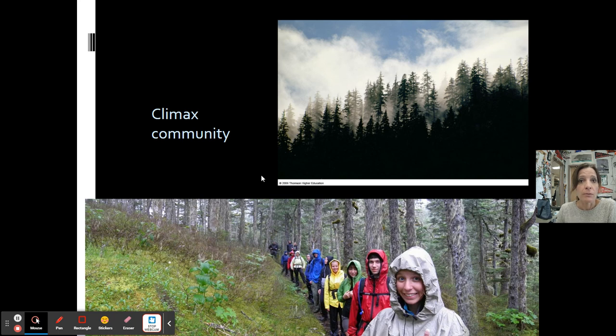However, if you go to the Midwest, their climax community is plains and grasses because of the different abiotic conditions. And then if you go to somewhere like Africa or the Sahara Desert, then you have a different climax community. So a lot of people always think that it's going to turn into a forest. It's not always going to turn into a forest if the resources aren't there. So that's it. Thanks for listening.